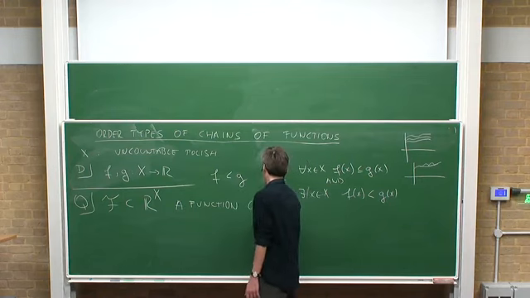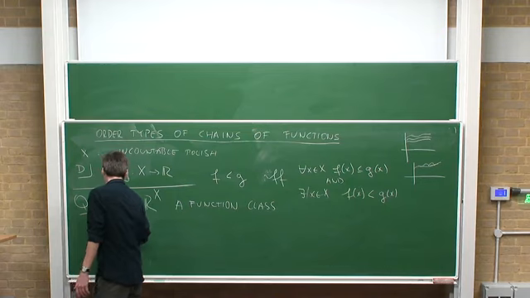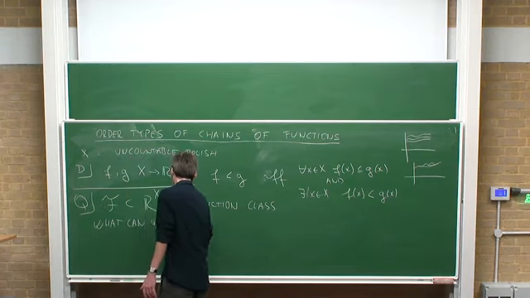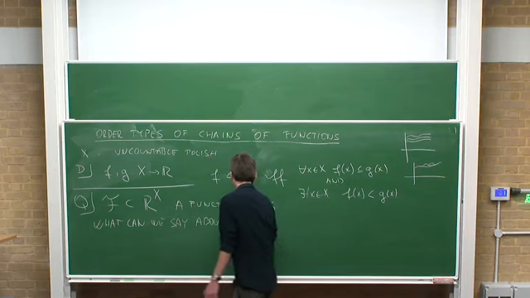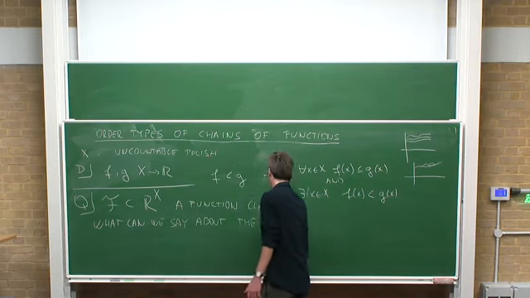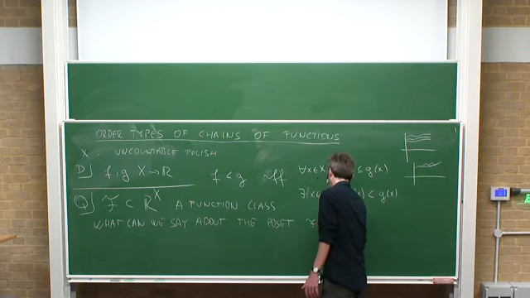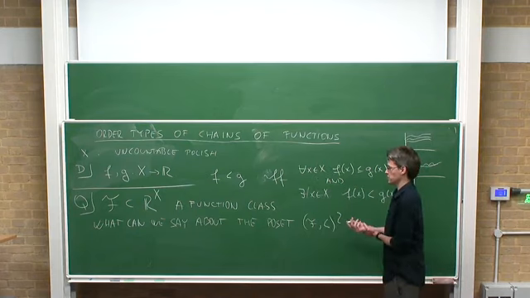So what can we say about it? Of course, this is too vague, but let me just ask this first: the partially ordered set F with respect to this ordering.